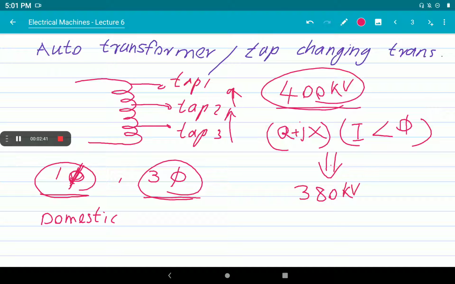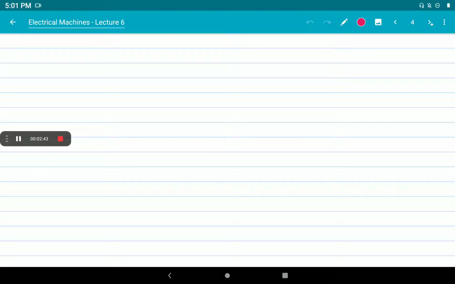Another classification is based on construction; there are two types. Based on construction, transformers are classified into core type and shell type.